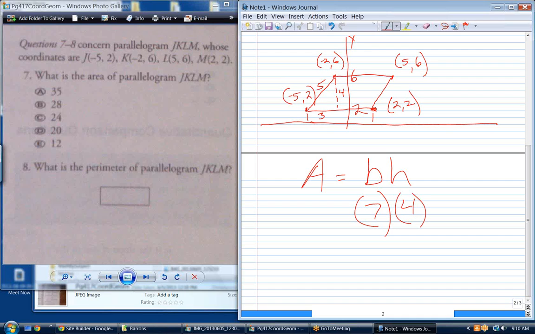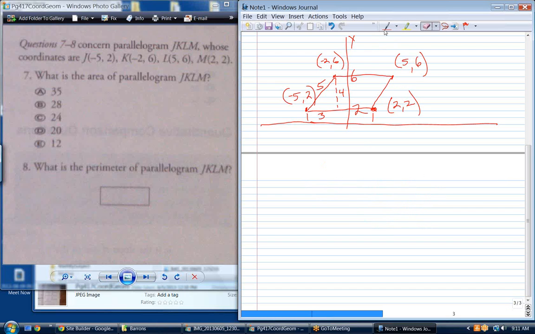Right. Now, had I not decided to try that shortcut, I would have had to do it the hard way using the distance formula. Let's just review again what the distance formula is. We know it's the square root of something because the distance is always the hypotenuse of that triangle.